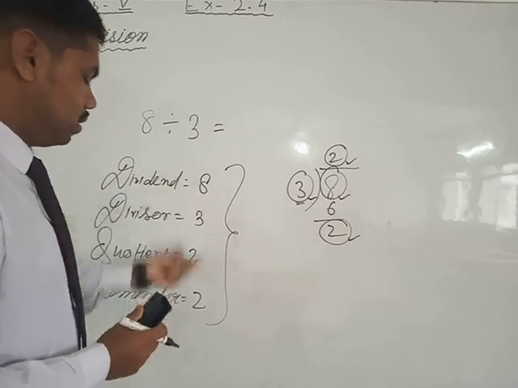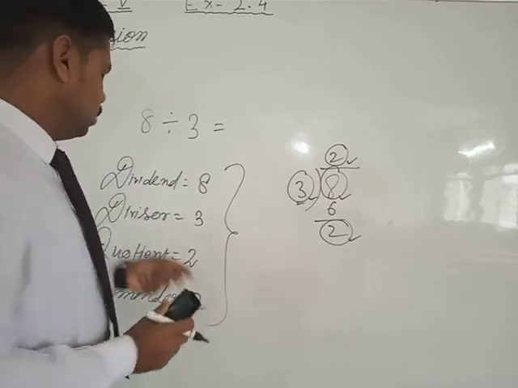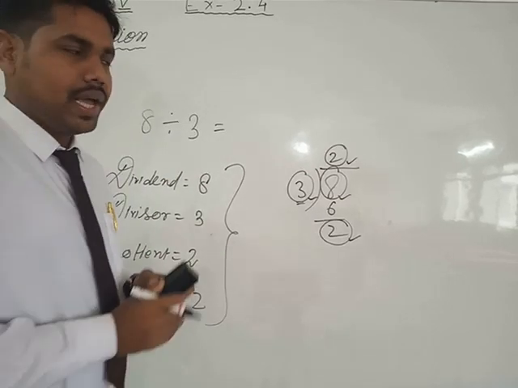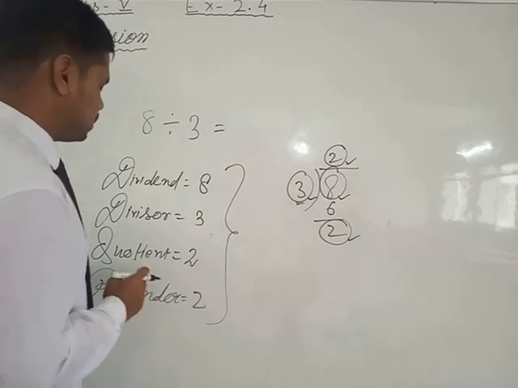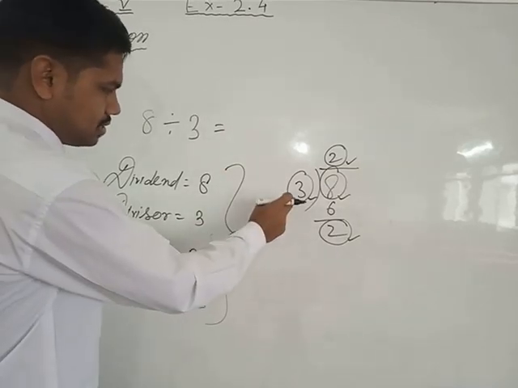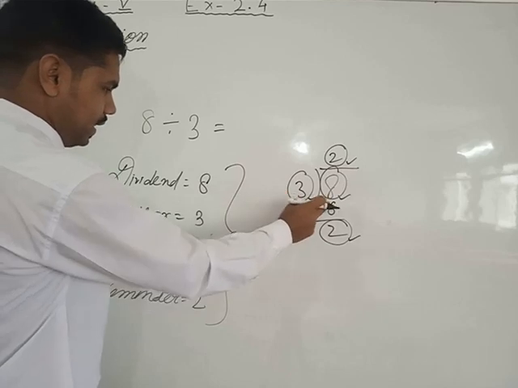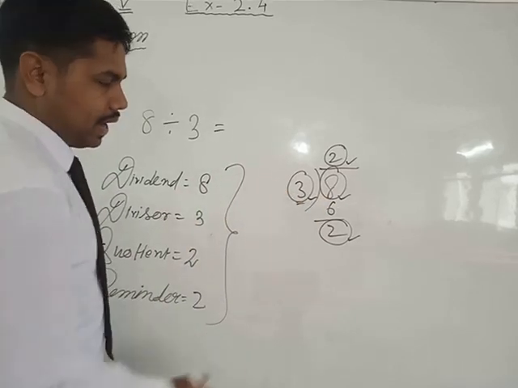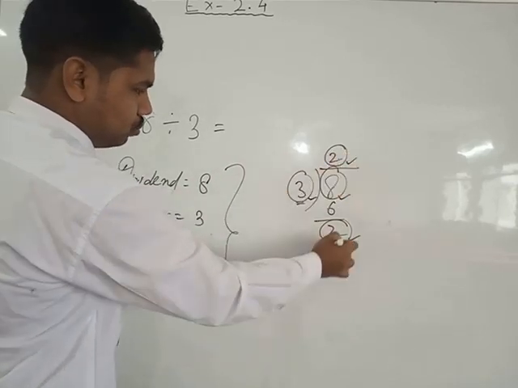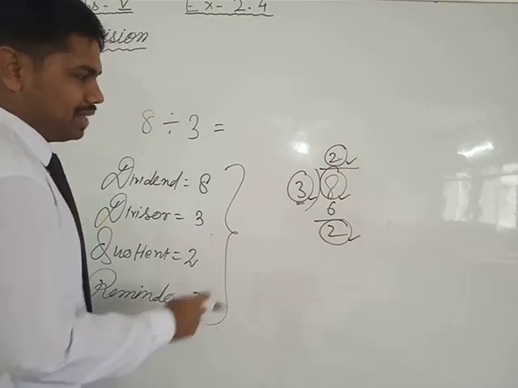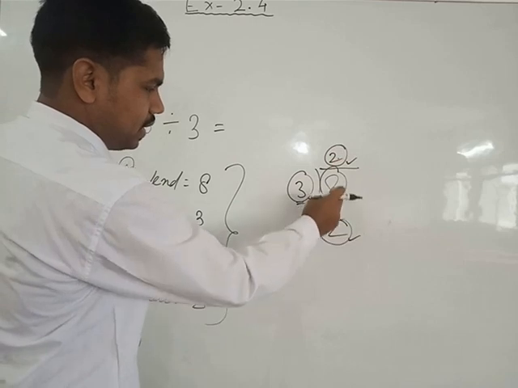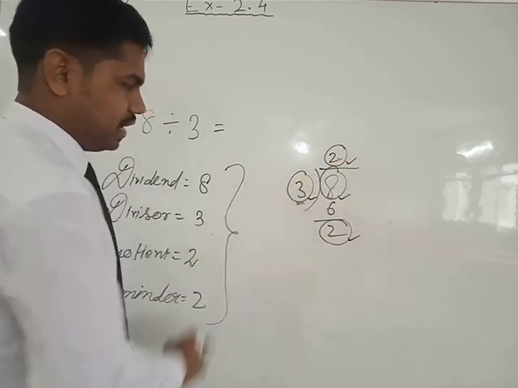There is a relation between these through which you can find any other term. For example, sometimes the dividend and divisor are given and you find the quotient and remainder. But sometimes the quotient, remainder, and dividend are given and you have to find the divisor.